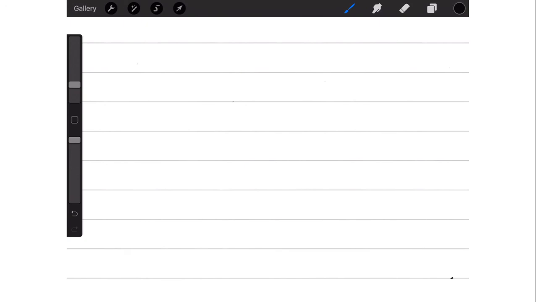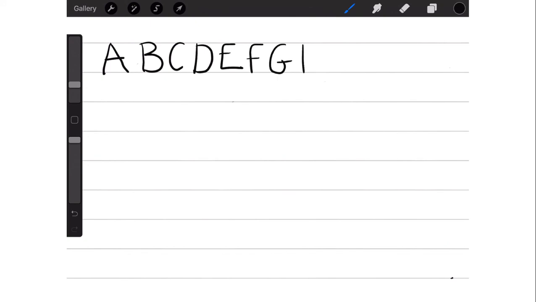So again, this is a good way of reminding the children of the letter names. So if they need to know the letter names and the letter sounds, so you could say A, and they do A, B, C, D, E, F, G, H, I, J, K, L. This is not the neatest on this iPad.